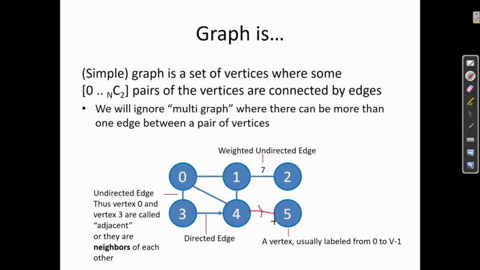This edge can go like that, or it can go like that. That's the only multi-graph we'll look at. In fact, an undirected edge can be represented as a bidirectional edge because it allows you to travel in both directions. In fact, that's how we will represent them in your graph data structures later on.